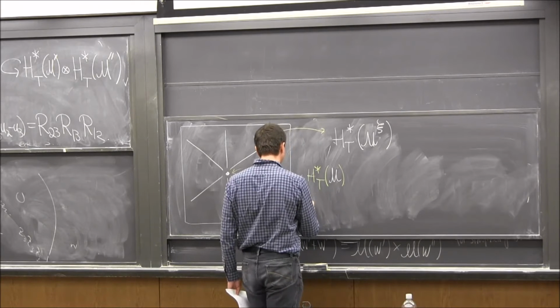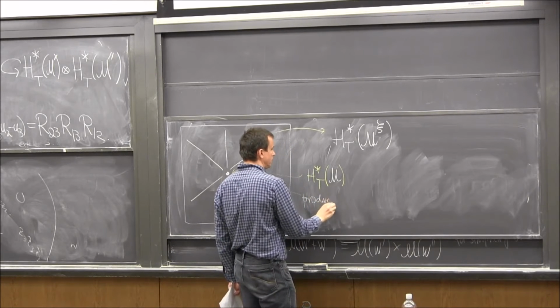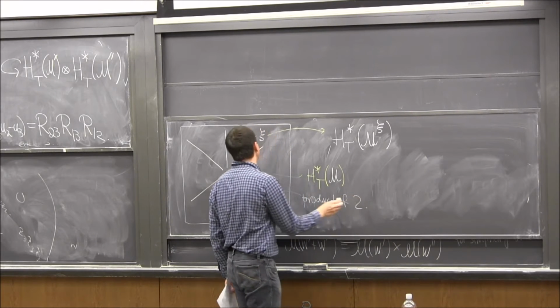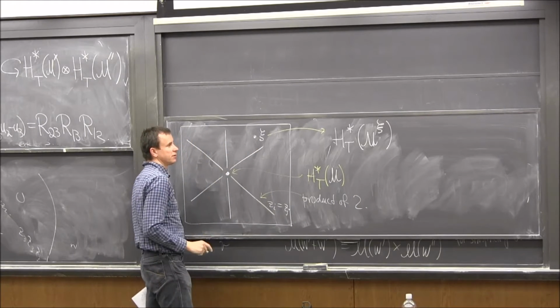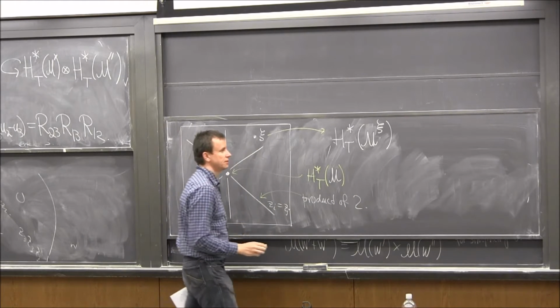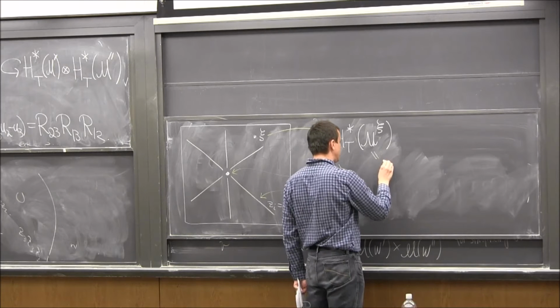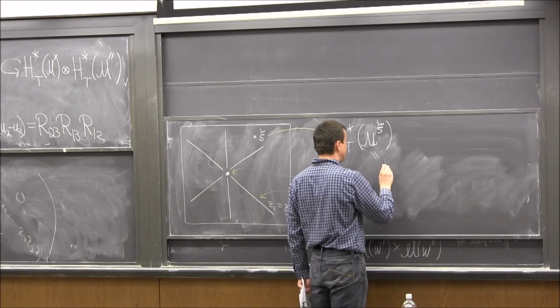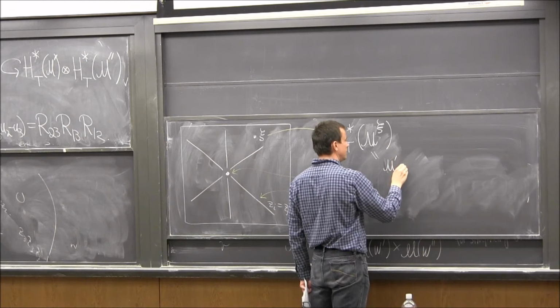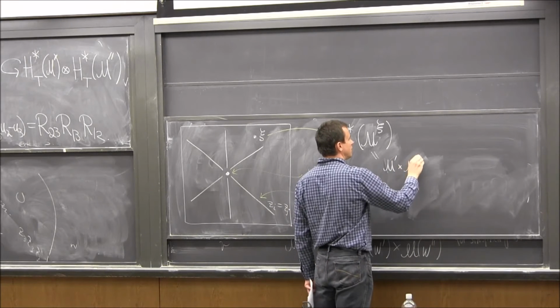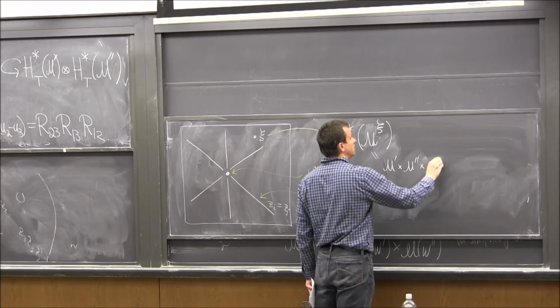And then generically this is a product of three: prime cross double prime cross and true.